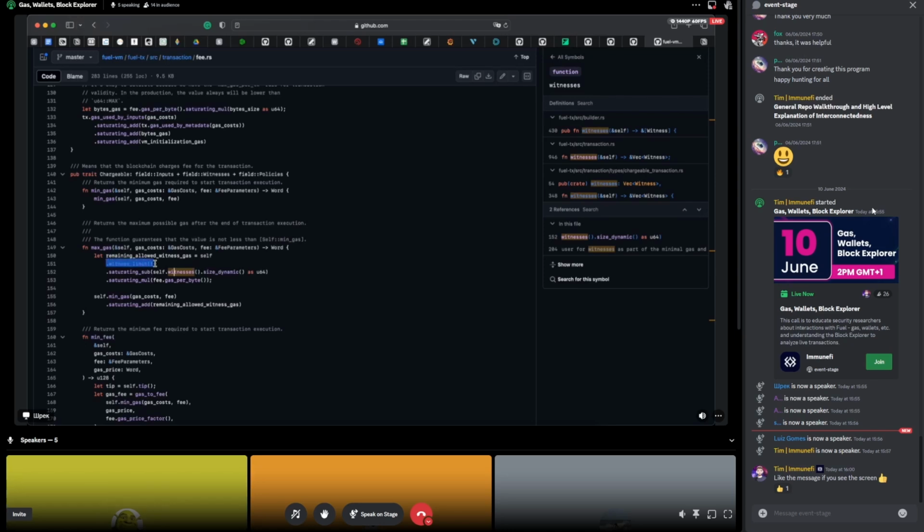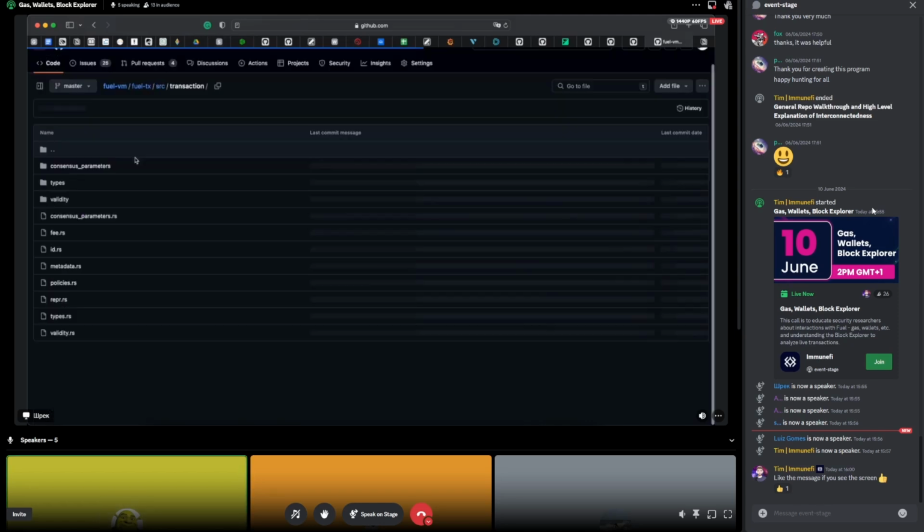So it's for the worst possible case, and minimal gas includes only the current size of the witness, so we only charge for actual bytes. In the case of max gas, we calculate it for the worst possible scenario. Plus, in the case of a script transaction, max gas also includes the script gas limit.